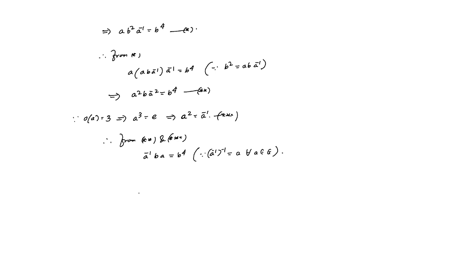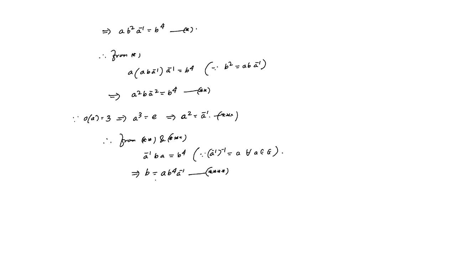Okay, so that means what we get here is B equals A B to the power 4 A inverse. We just pre-multiply by A and post-multiply by A inverse, and we get this result.